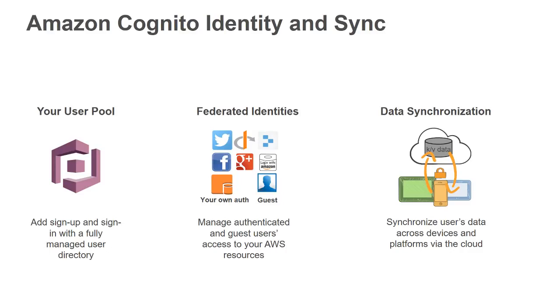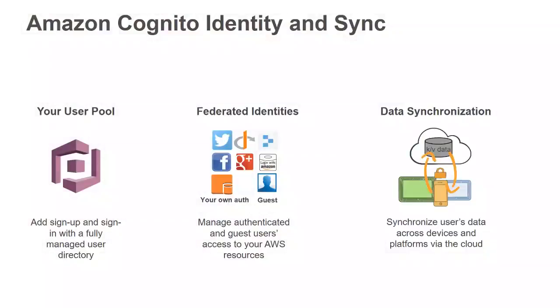Cognito actually has five, but the three main ones we'll talk about quickly. First, you have the ability to create your own sign up and sign in with a managed user directory. That means you don't have to store your own database or build a repository of your own.